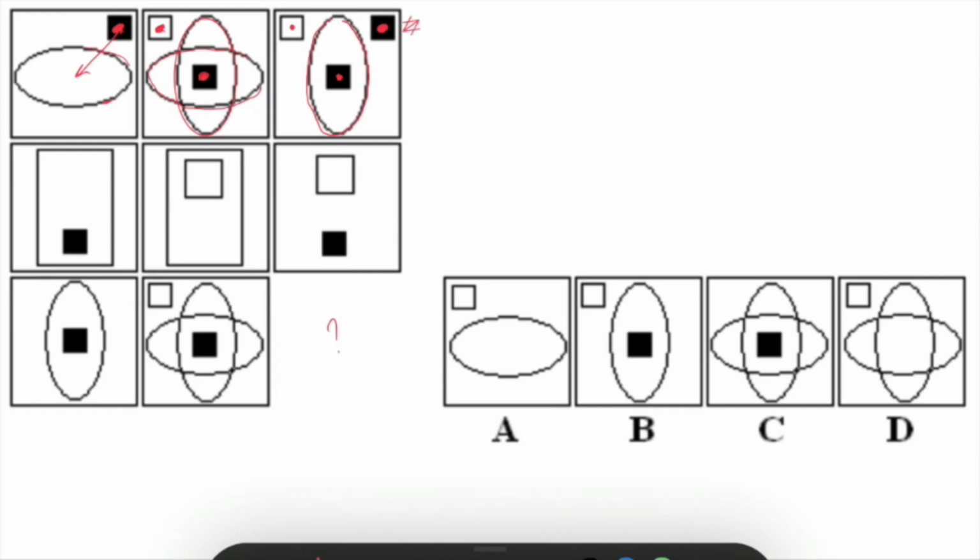I think no, because the movement that happened in this black box to the center doesn't happen in the second case. This box didn't move, so we cannot depend on boxes because the change in boxes is not regular.